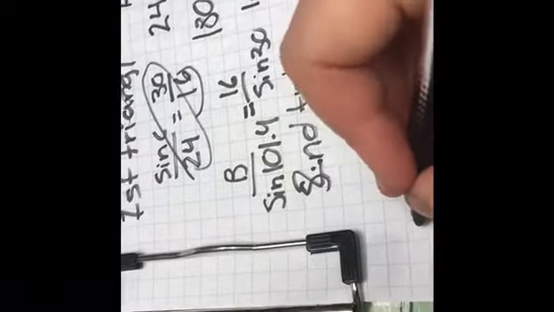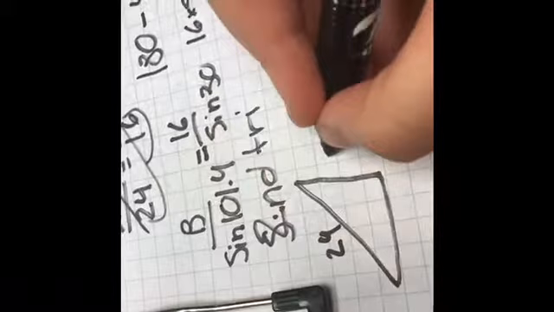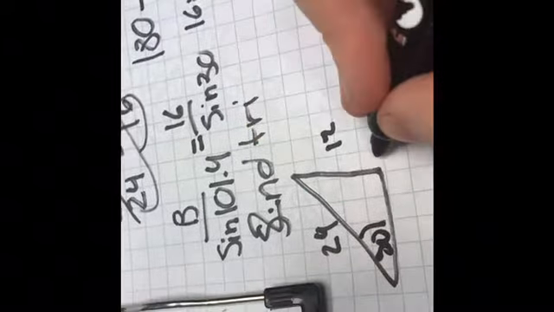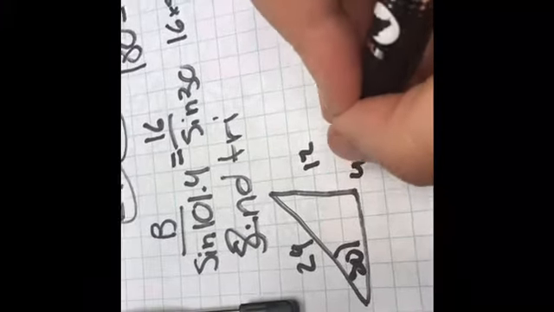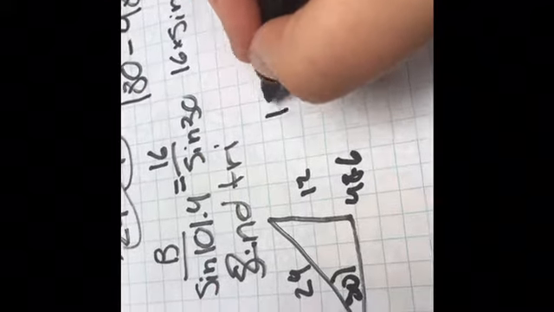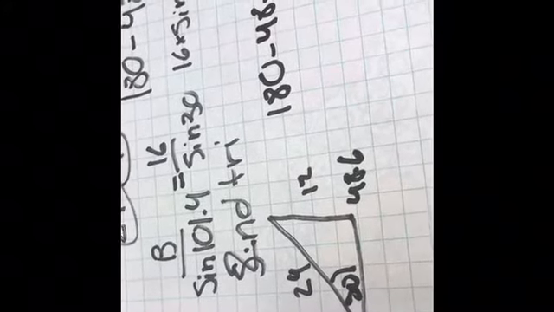Now, the second triangle is basically, because it's half of the angle, we know that this side is 24, this side would be 12, and this angle is still 30. But the outside angle here would be our C angle, which is 48.6. Now, using that knowledge, we're going to take our 180, because every triangle adds up to 180, minus the 48.6, and that equals 131.4.